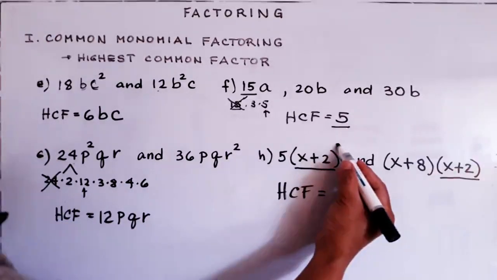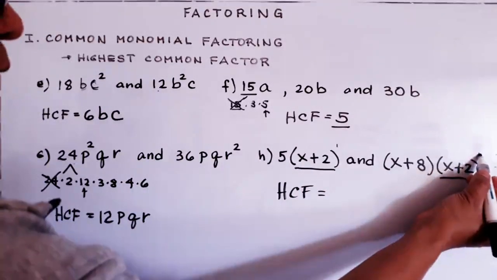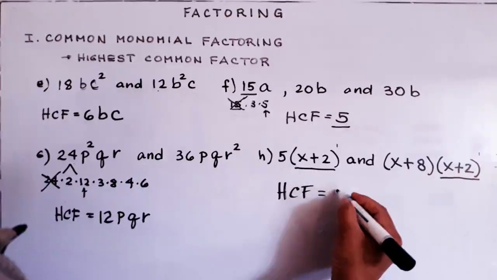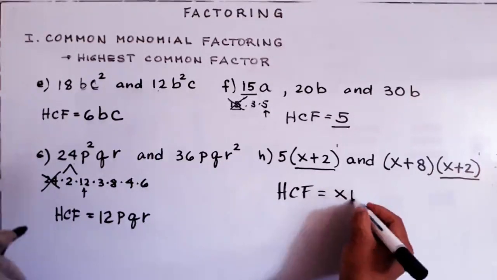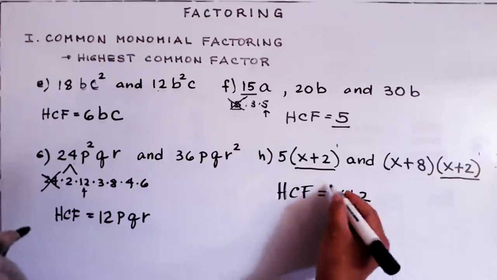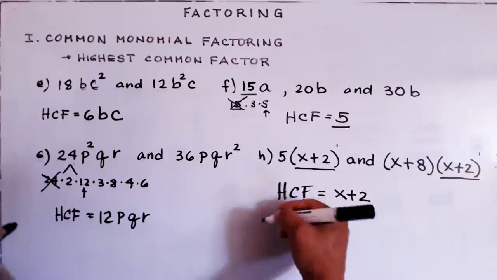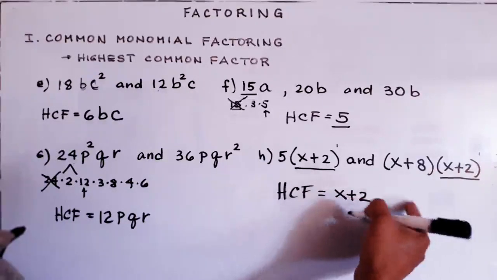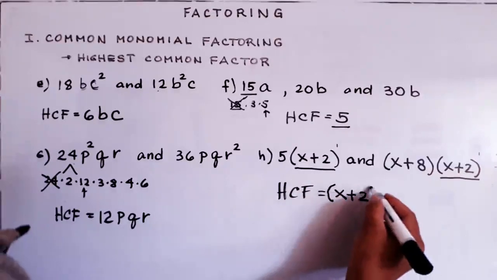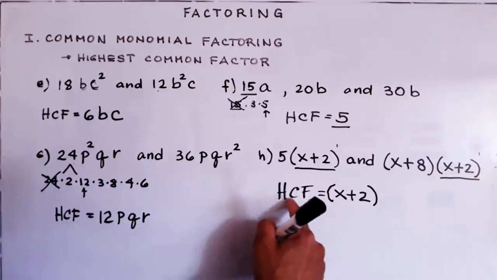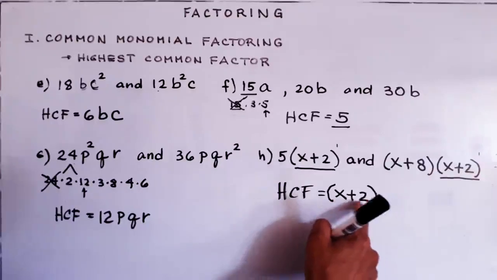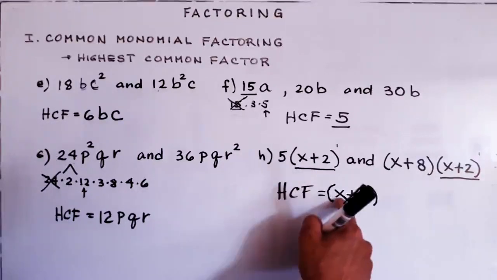And they are to the first power and to the first power. So that is our HCF, x plus 2. And if there's something following the x plus 2 or on the other side, you place it like this. So our highest common factor here is a binomial.